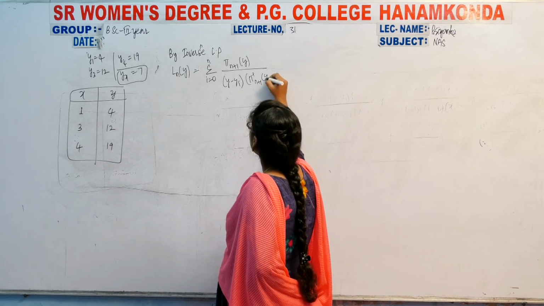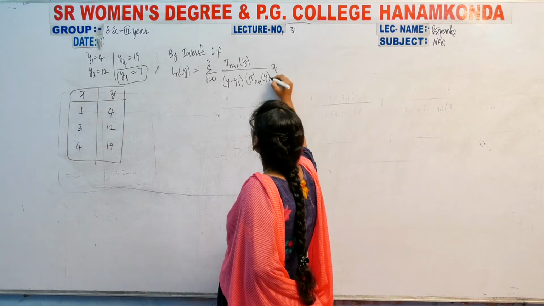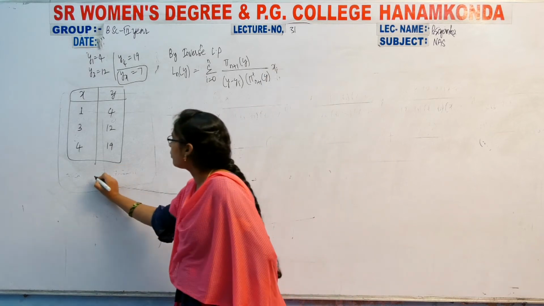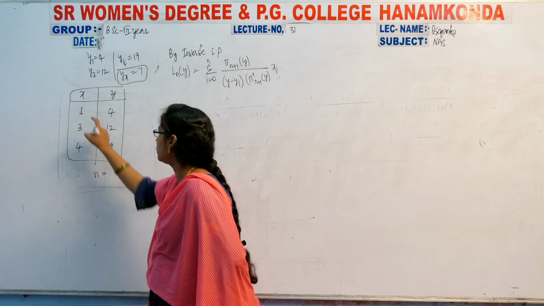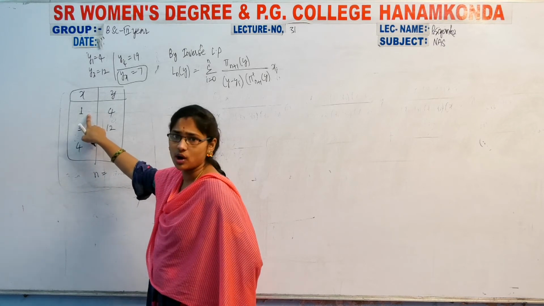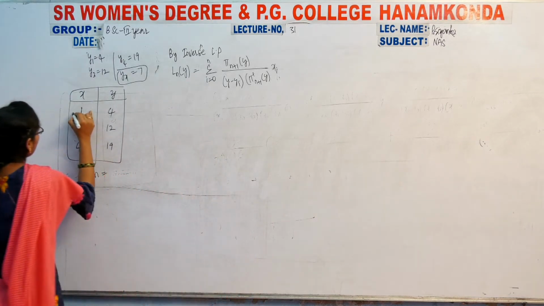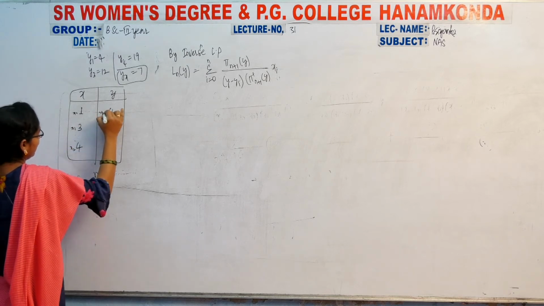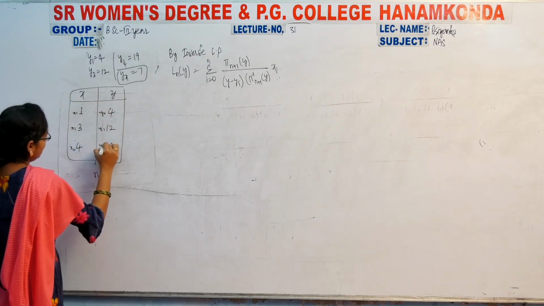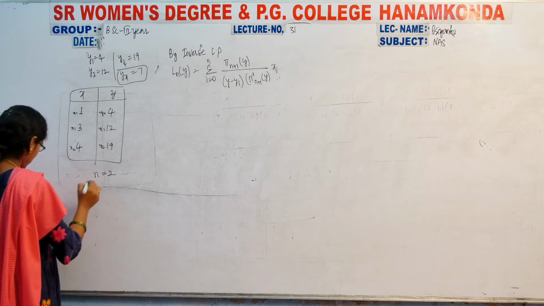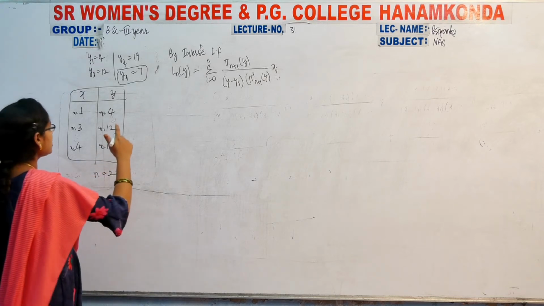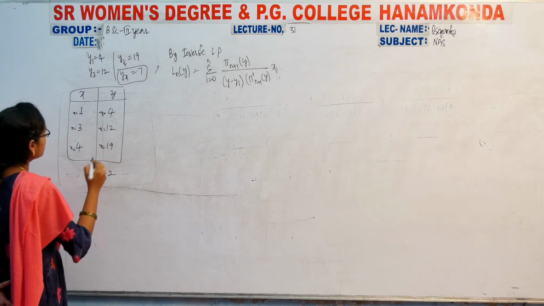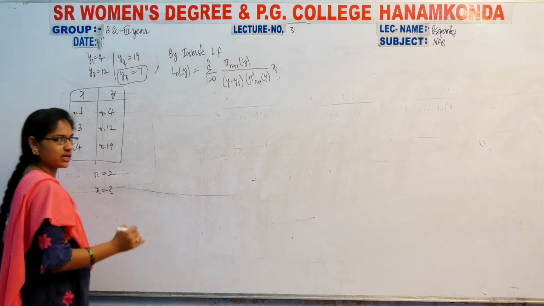You have to write this. Now what is the value of n? We have x naught, x1, x2 and y naught, y1, y2. So here n is equal to 2, and the x value we don't know; we have to find x here.